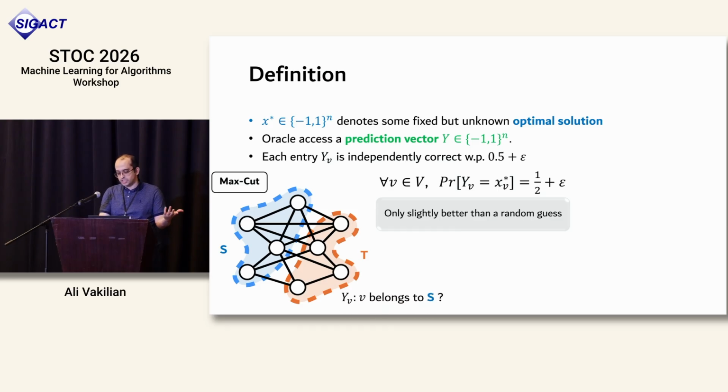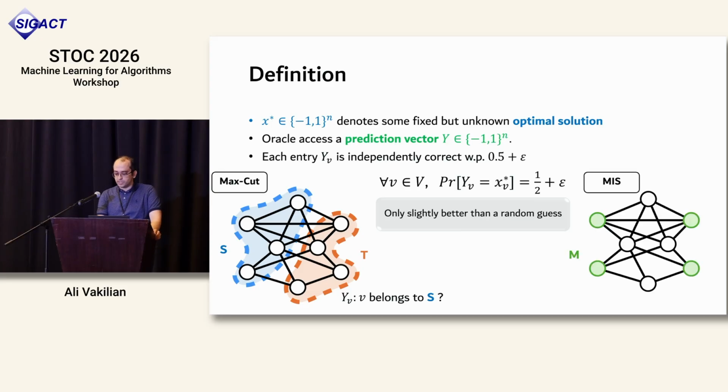Then the prediction could be whether a vertex v belongs to set S or not. Or you can think of a maximum independent set, where the prediction can say whether a vertex belongs to a maximum independent set or not. That again fits this framework, and actually there has been some work on both of these problems.